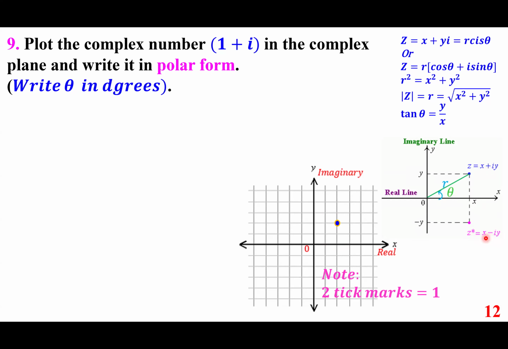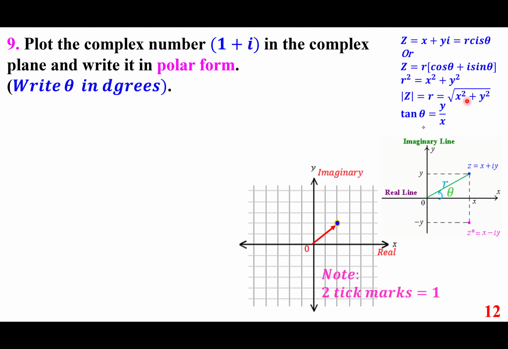It's x minus iy. It's the complex conjugate of this one, okay? Everybody remembers the conjugate of a plus bi is a minus bi. So this is the real one. This is the imaginary line, okay? So connect them.